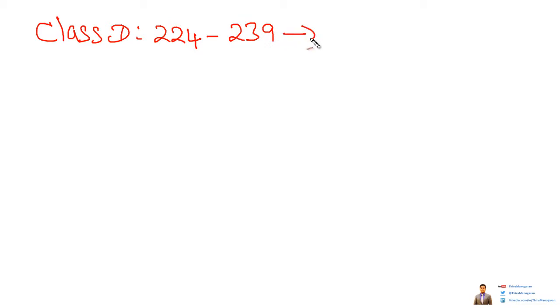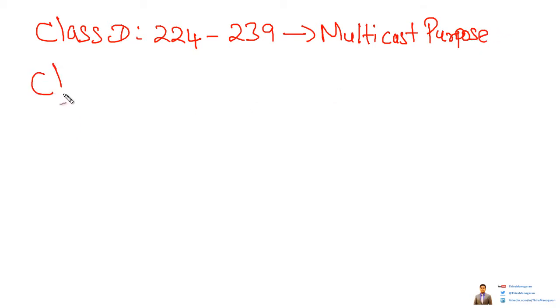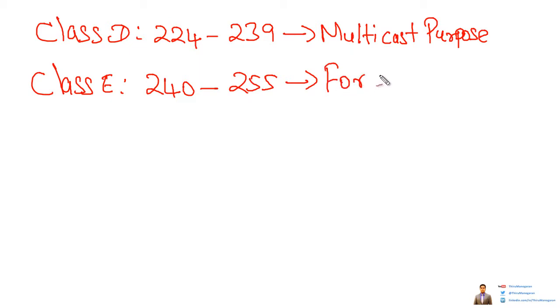These are for multicast purposes. And there's another one, class E. Class E IP addresses are from 240 to 255. These are for testing purposes.